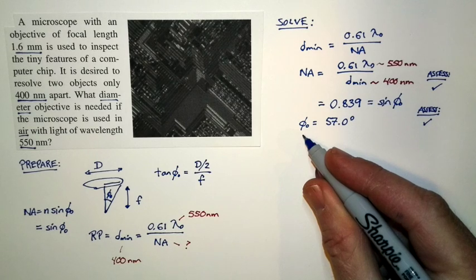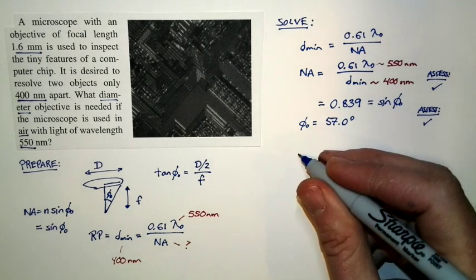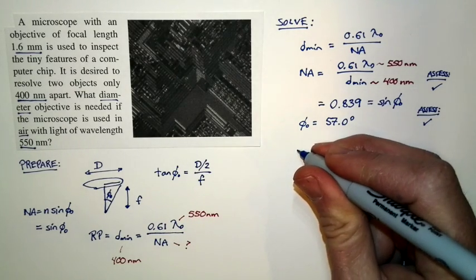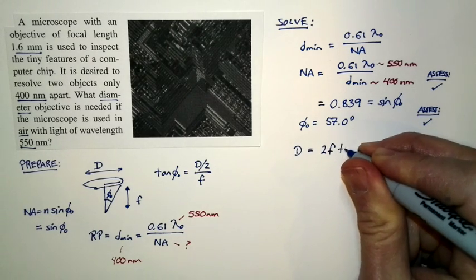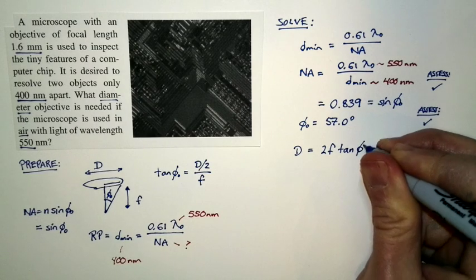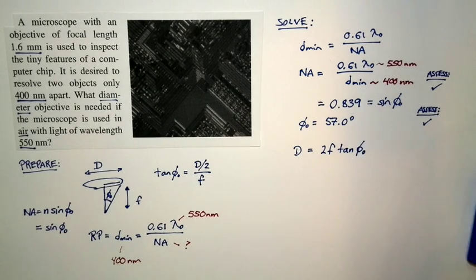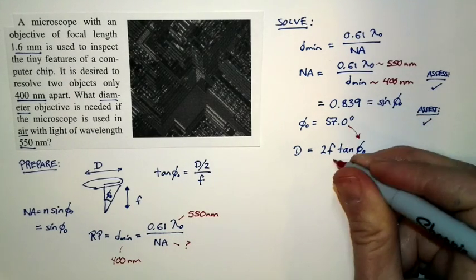Now we have phi 0, and so we can use this relationship right here. I'm looking for d. I'm going to take this relationship and rewrite it this way. D is equal to 2 times f times the tangent of phi 0. Well, I know what phi 0 is. Phi 0 is 57 degrees. Okay, so that number goes here. I also know what the focal length is.